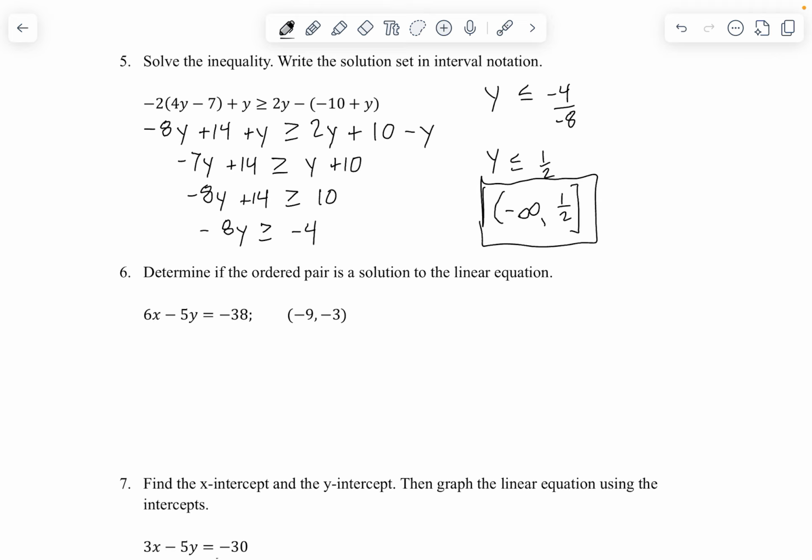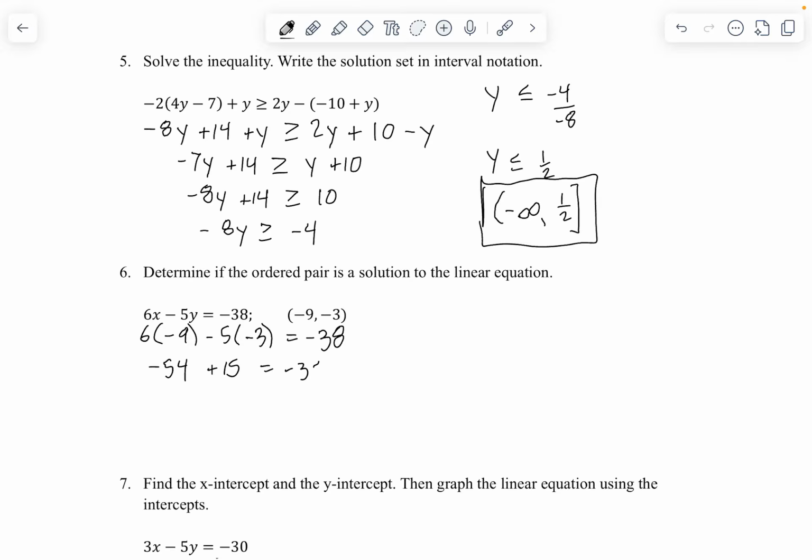So doing the substitution, I get 6 times negative 9 minus 5 times negative 3 equals negative 38. 6 times negative 9 is negative 54. Negative 5 times negative 3, that's plus 15.